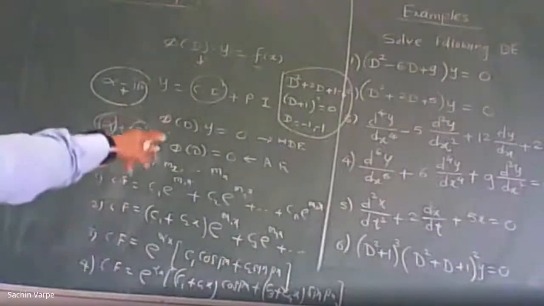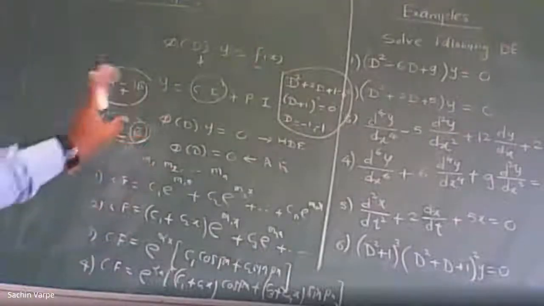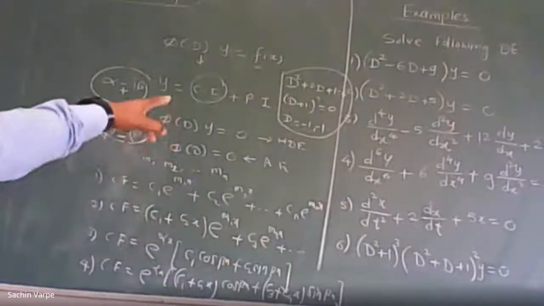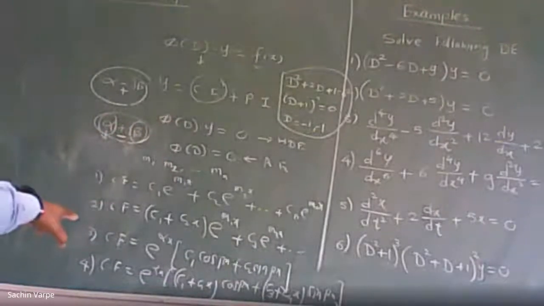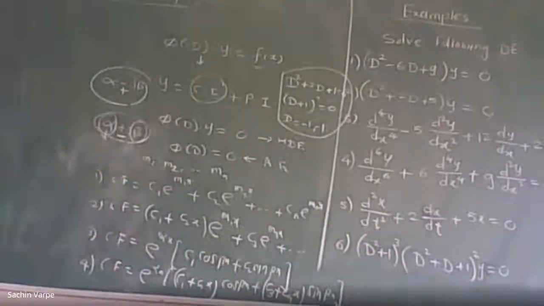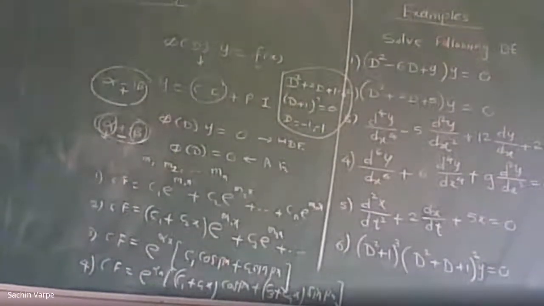So, are these roots real? Yes. And are these roots repeated? Yes. So, -1 repeated twice. So, can you use the formula as a complementary function for those roots? Just tell me the complementary function in that case. Sir, please repeat again.